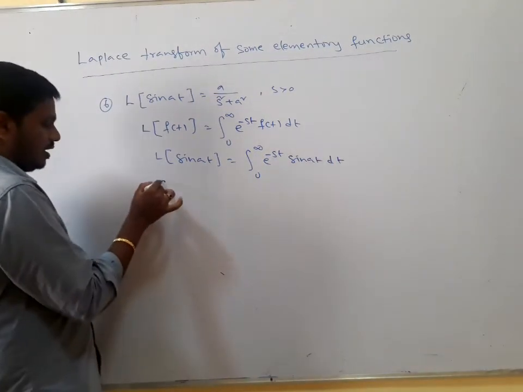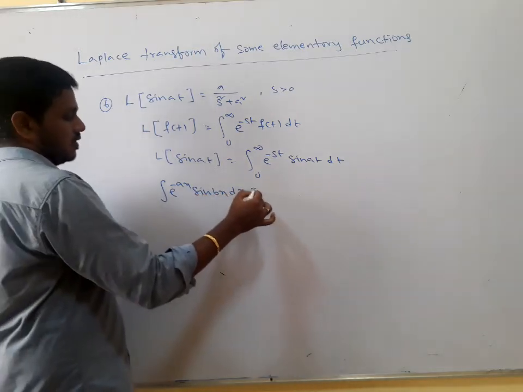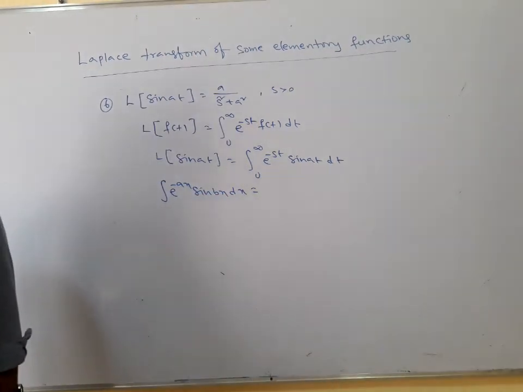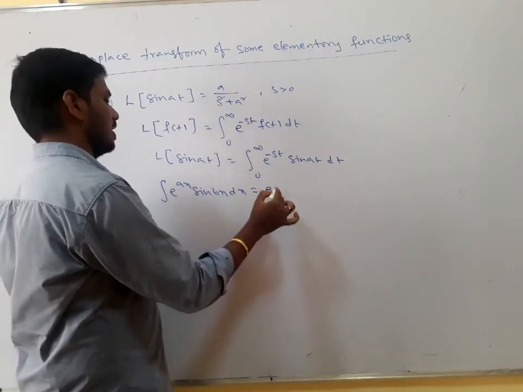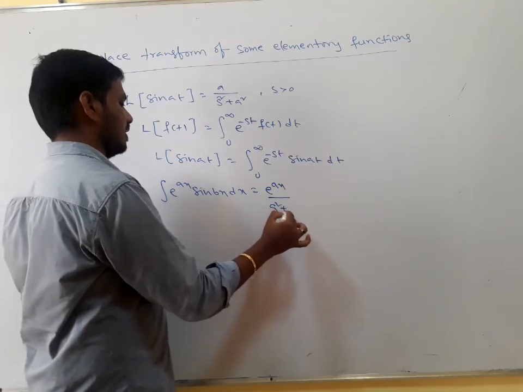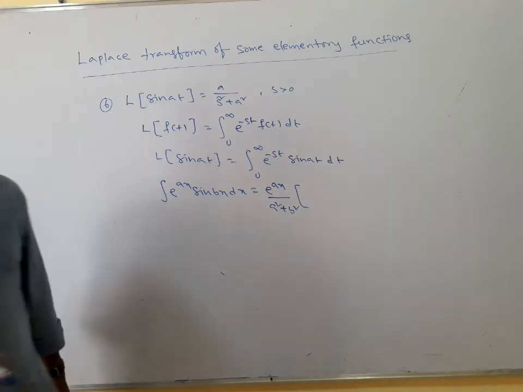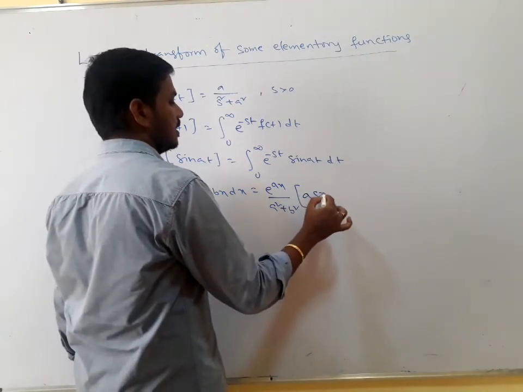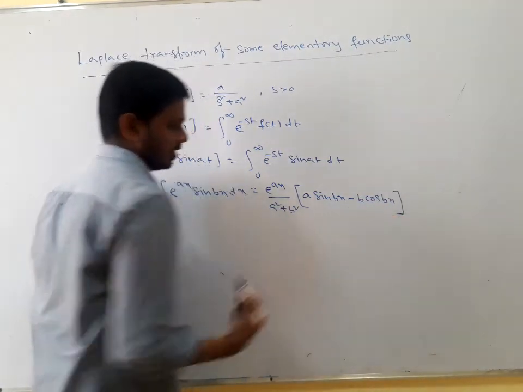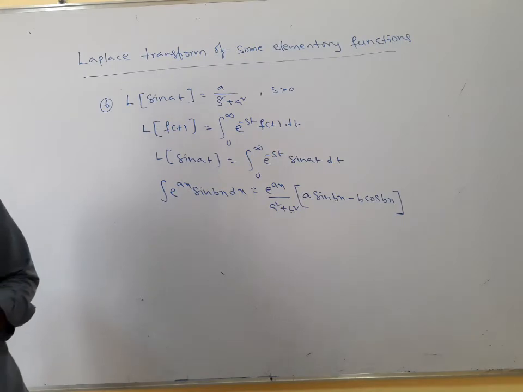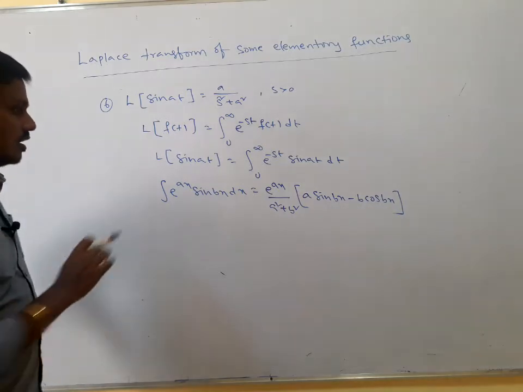But remember one formula here: the integral of e to the power of ax sin bx dx is equal to, what is the formula? e to the power of ax divided by a square plus b square, into a sin bx minus b cos bx. This is the formula, a sin bx minus b cos bx. Right, apply this formula.